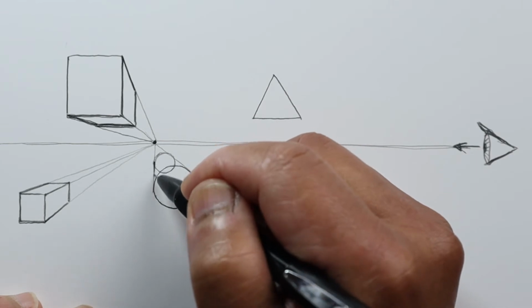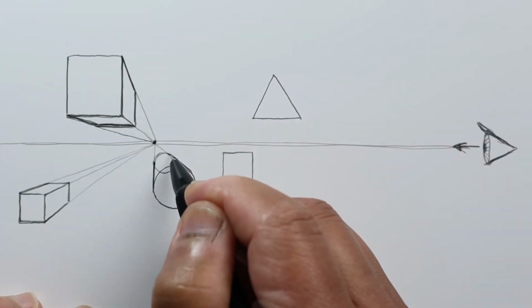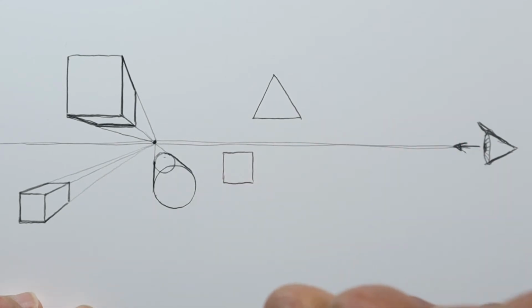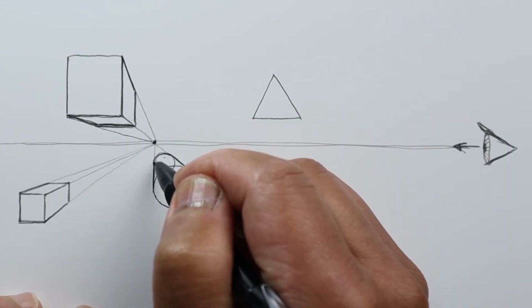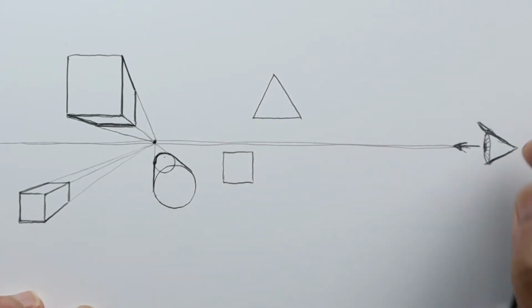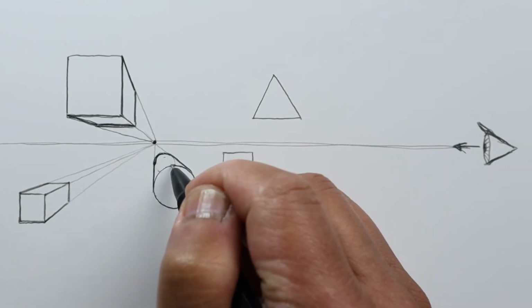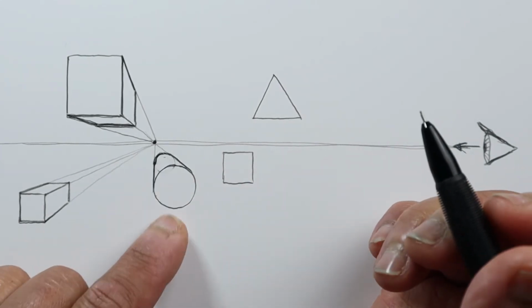So now we can connect the lines, connect the circles, and darken this outer line, because this is the part that you will actually see. And now we can erase the back lines here. So now we have a cylinder.